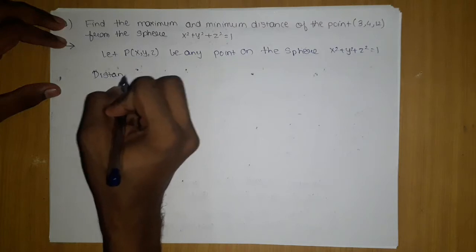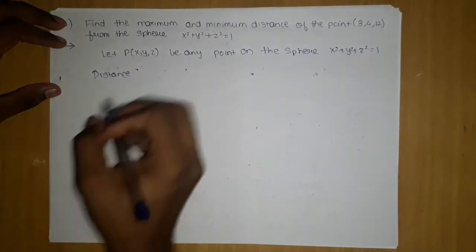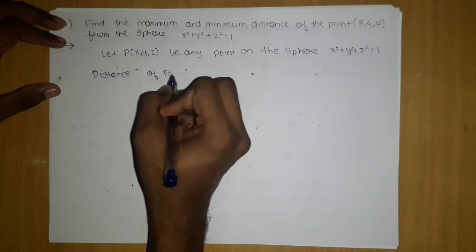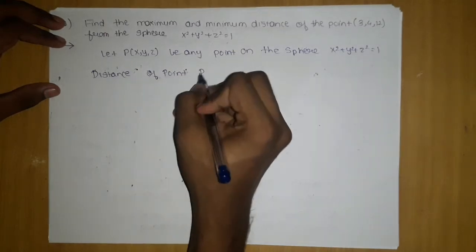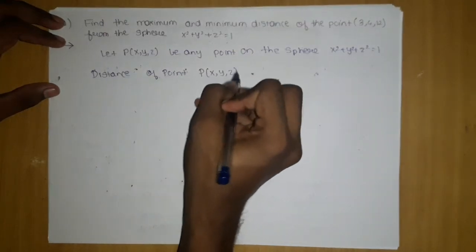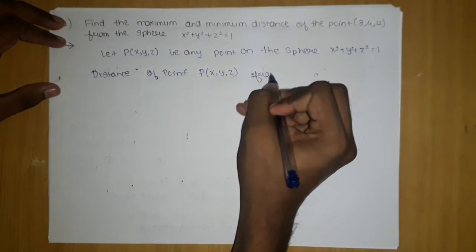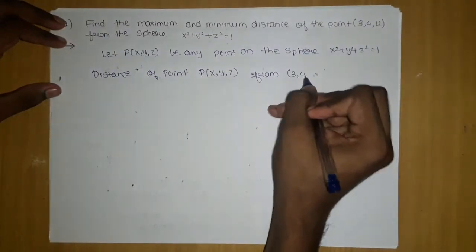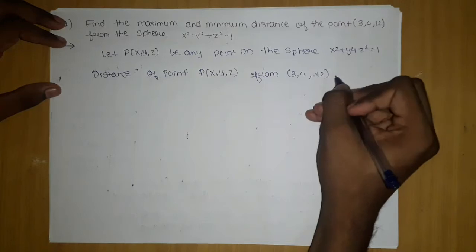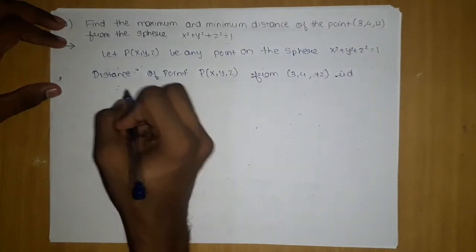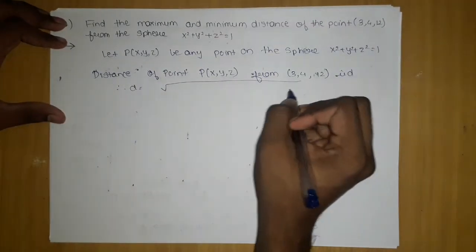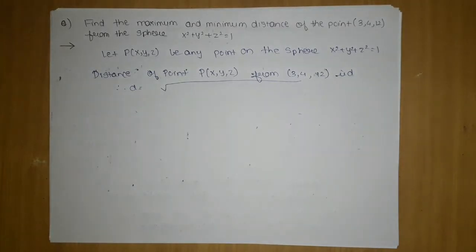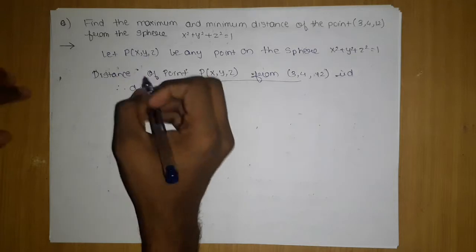Distance of point P(x, y, z) from 3, 4, 12 is d. Therefore d is equal to under root. Now in the last lecture we took the distance from origin, but here we are taking it from 3, 4, 12. So the formula will differ.